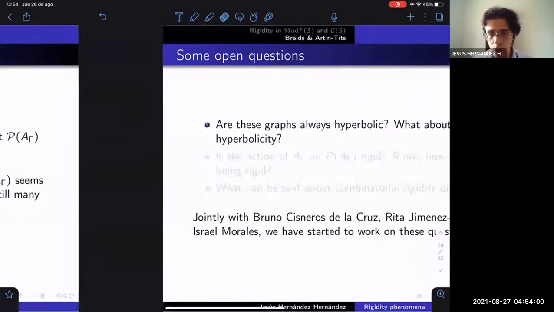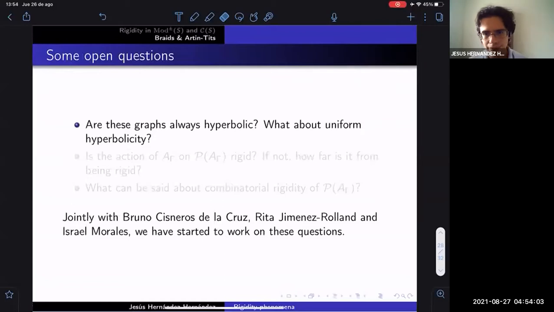So we have several open questions, and some of them are these. Are these graphs always hyperbolic? Because in the case of the braid group, they are the curve graph. And what about uniform hyperbolicity for certain families of Artin-Tits groups?